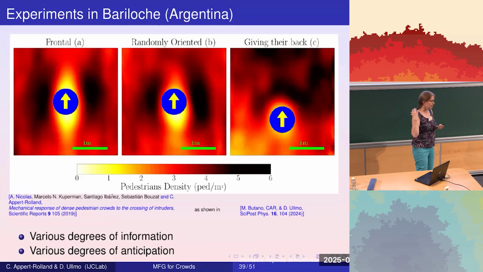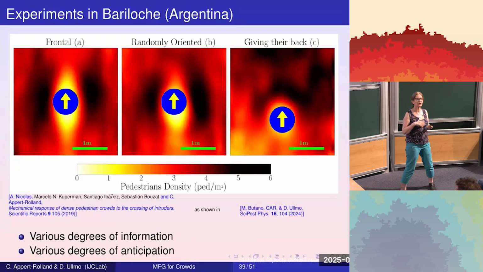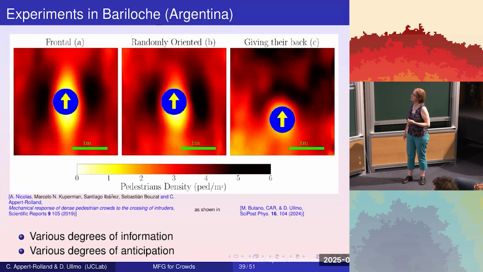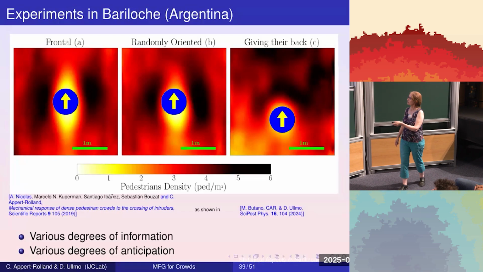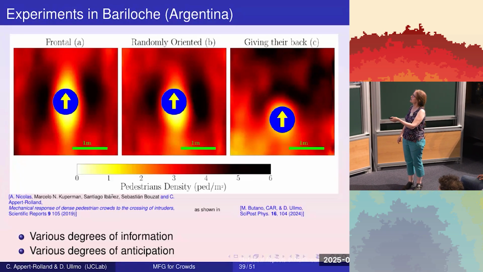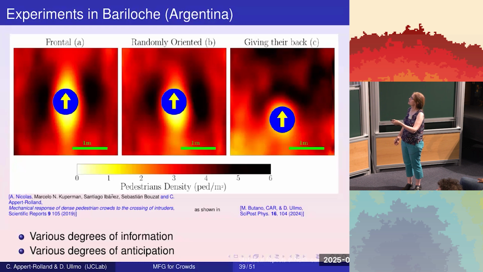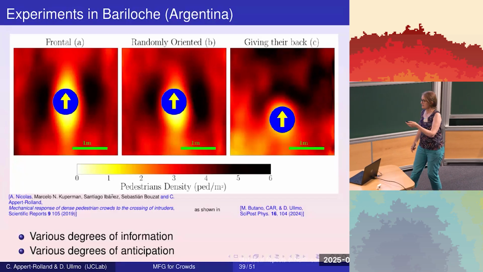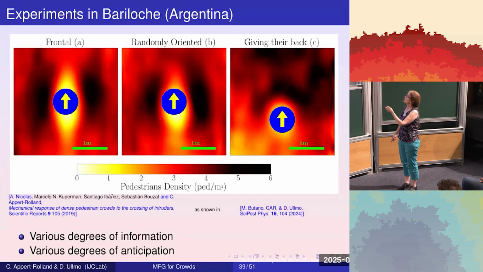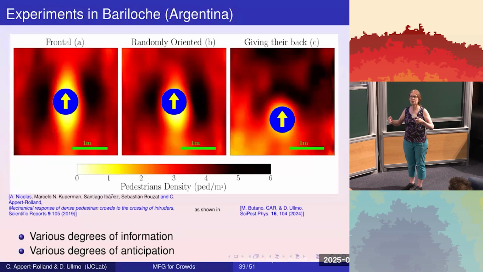So before doing this modeling, when we had done the experiment and discovered this curious reaction of crowds, we contacted some colleagues in Argentina, and they proposed to do these experiments again. The nice thing is that they found the same thing as we did, with the highest density on the sides, but they could choose other configurations. So they also did the case with random orientation, where only a subset of people see the cylinder arriving.